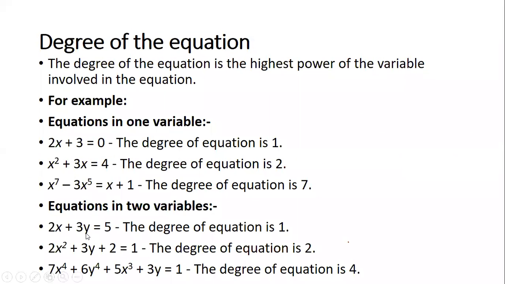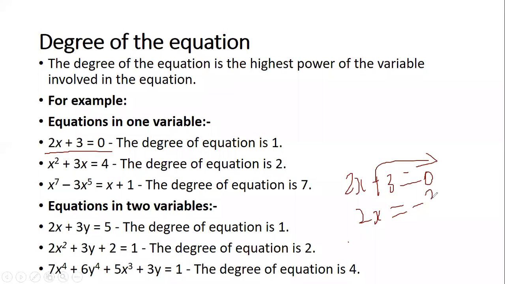Now if you see here, this is a polynomial equation, 2x plus 3 is equal to 0. Now let us solve this equation. 2x, I'll keep it here. I will take 3 to the other side. Plus 3, if I take it to the other side, what will it become? Minus 3.